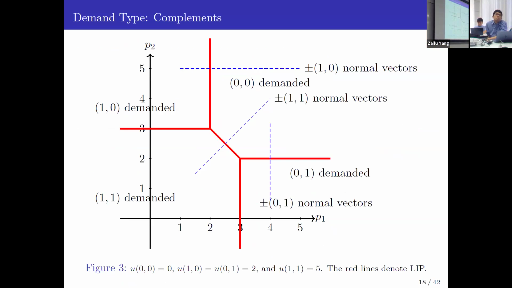You see here, in this area (0, 0) is the unique demand, and this area (0, 1) is a unique demand, and this area (1, 0) is a unique demand, and this area is (1, 1). So here you see this blue dash line (1, 0), and (0, 1), and this blue dash line (1, 1).